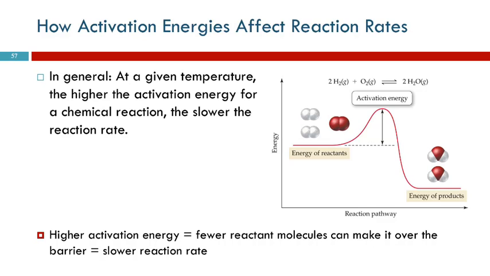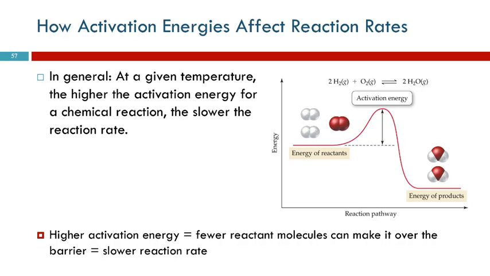If they just barely bump into each other, nothing's going to happen. They have to collide with enough energy that they get over this barrier. In order for these to combine to make two water molecules, we have to break two hydrogen-hydrogen bonds and one oxygen-oxygen bond. And that's going to be broken by that energy of collision, these things ramming into each other.